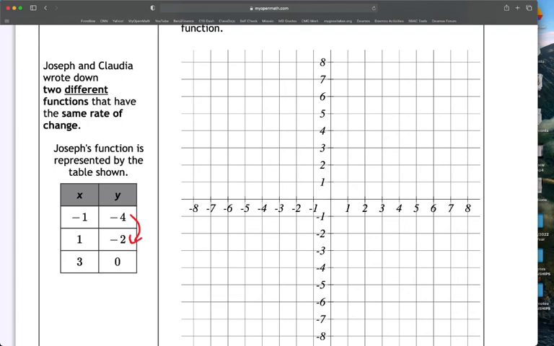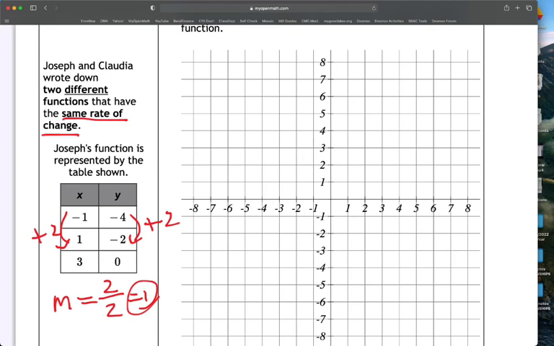To go from -4 to -2, we have to add 2 to that. -4 plus 2 is -2. And to go from -1 to +1, we also are adding 2. So we know that Joseph's function has a slope of 1. That means Claudia's rate of change or slope has to also be 1, because remember, they have the same rate of change.